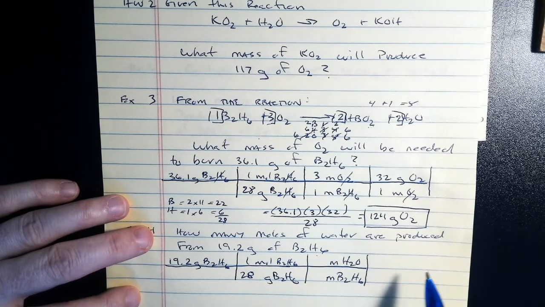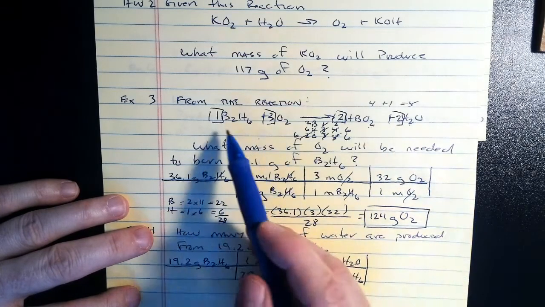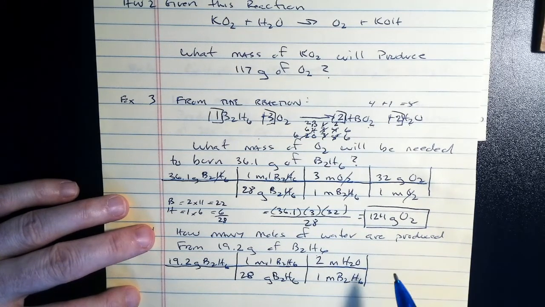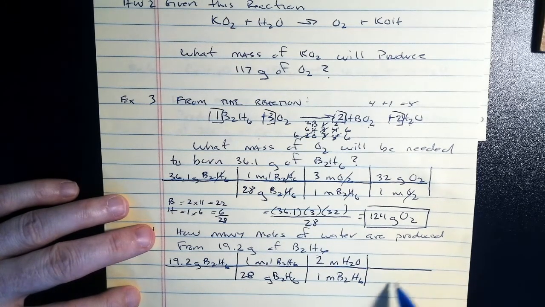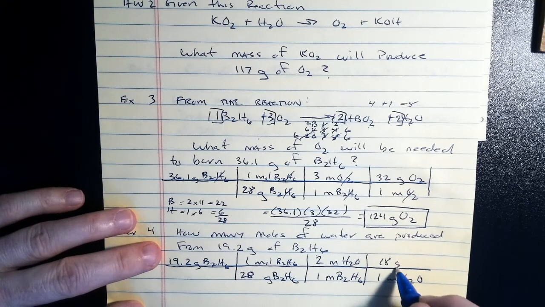Now you got to look at the balanced equation. In front of water is going to be a 2, and in front of B2H6 is a 1. So it's a 1 to 2 ratio there. And then we've got our last step, in 1 mole of water. Again, this is easy. That's going to be 18 grams of water.